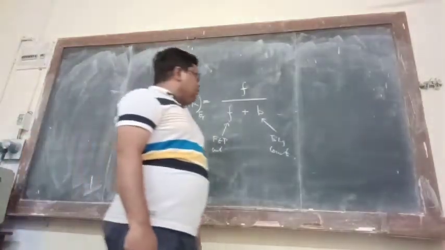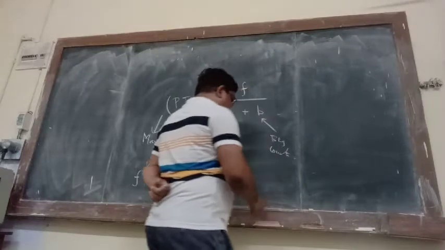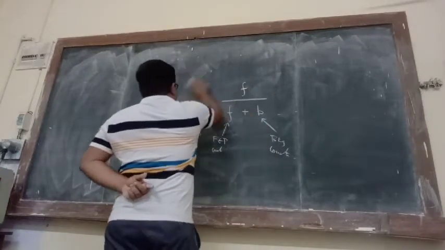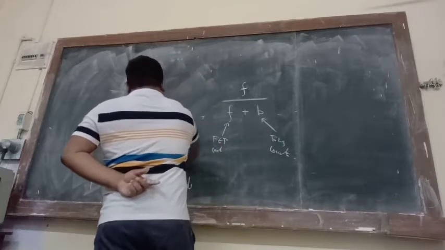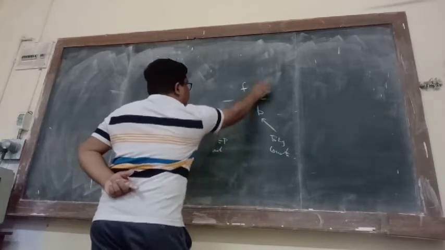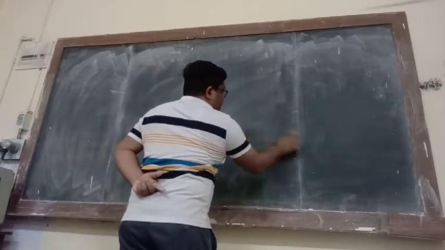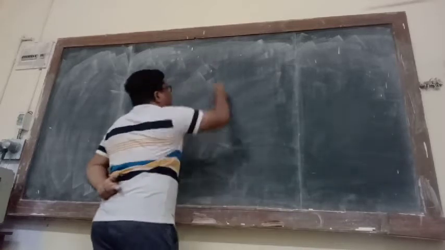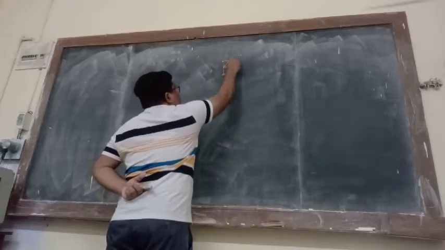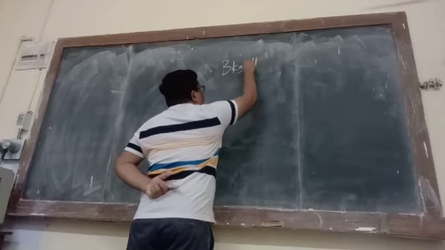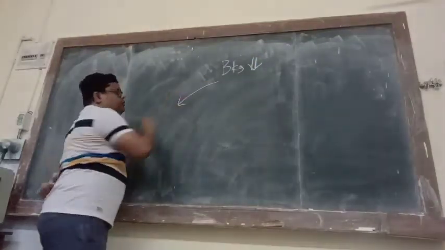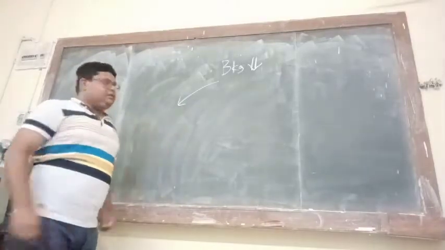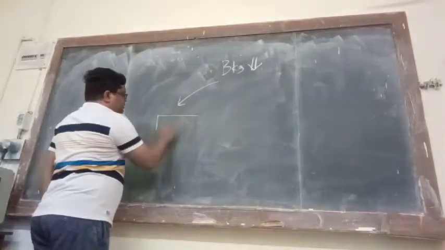Okay, so number one, decreasing background. So we are talking about this background, how to decrease this. Number one, you see what I am doing. A very simple technique. This is my detector, right?